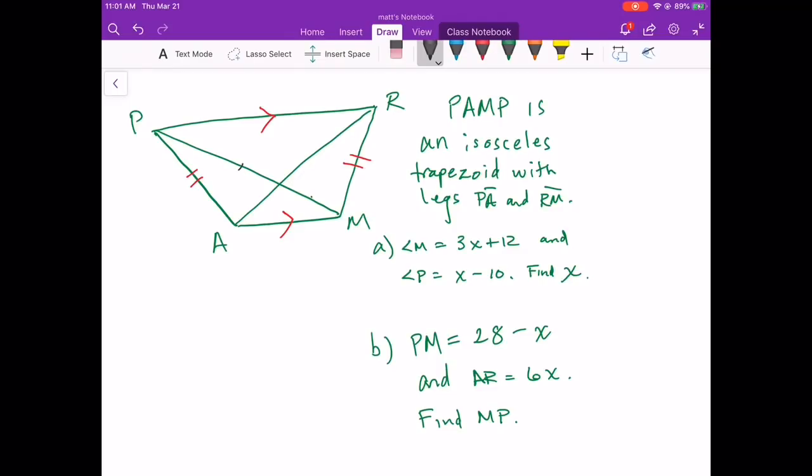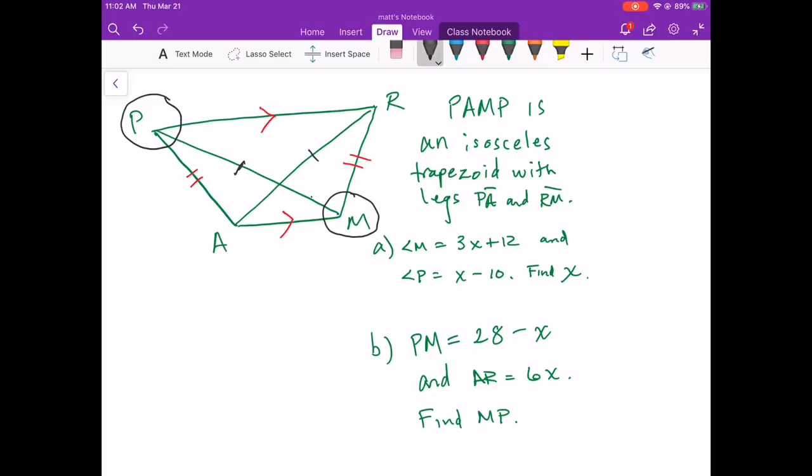Now all the pieces are not congruent, they don't bisect each other, but all of PM is congruent to all of RA. So knowing all those things, let's work through A and B. A, the measure of angle M, that's this angle here, and the measure of angle P, that's this angle here, is the two pieces of information that they gave us.